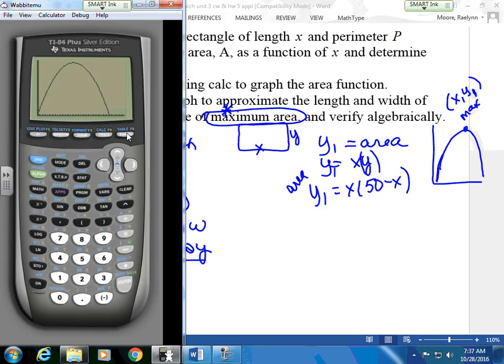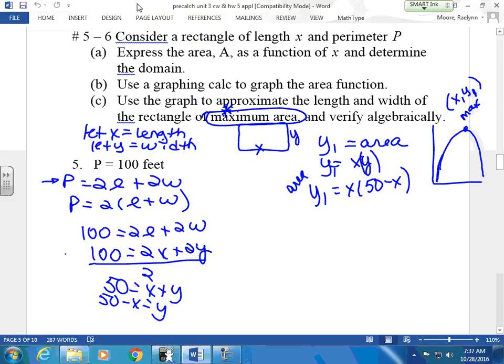Your window is just that, a window of opportunity, if you will. You do not have to be exact on those things. Your max and your min will get you your exact point. Okay, so anybody find me a max? 25, 625? Okay, so this is my x. This is my y1.